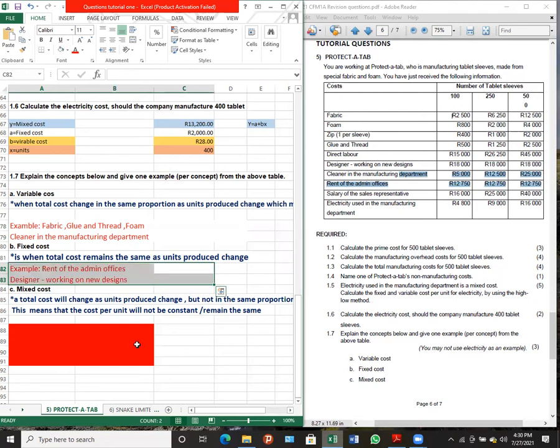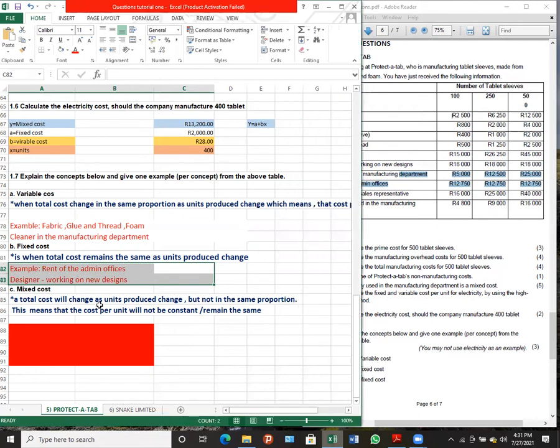And then let's go to a mixed cost, guys. The explanation for a mixed cost: the total cost will change as the units produced change, but not in the same proportion. This means that the cost per unit will not be constant or remain the same; the cost per unit will change.